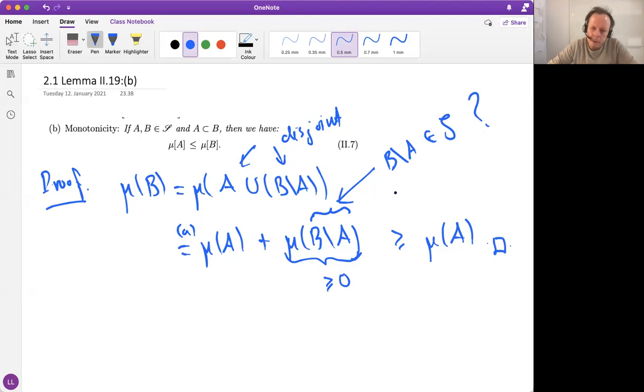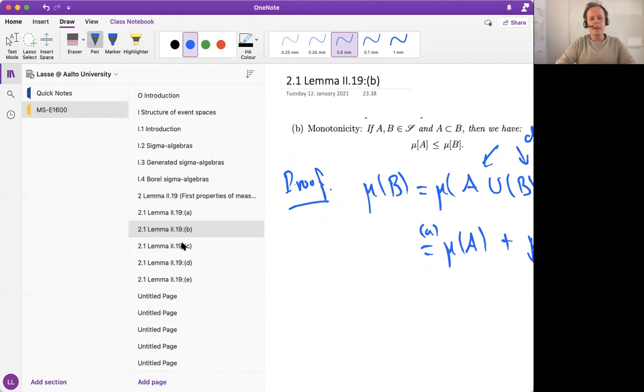Yes, it is, because this is equal to B intersection the complement of A. We know that A was measurable, so the complement of A is measurable as well. Then we have an intersection of two measurable sets, which we already know is measurable, so that's why it's measurable. And we are done with part B.